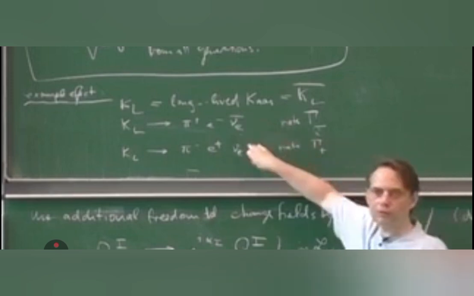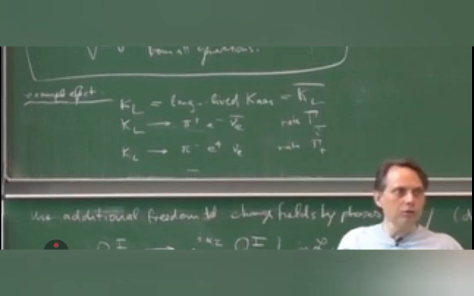And now the CP violation tells us that the two processes are not equally likely. They are connected by CP transformations, because if you do the CP transformation of one final state, you get the other final state. And if you would have CP invariance, the two decay modes would have to be equally likely, but they are not.